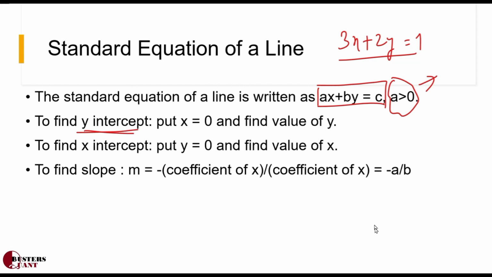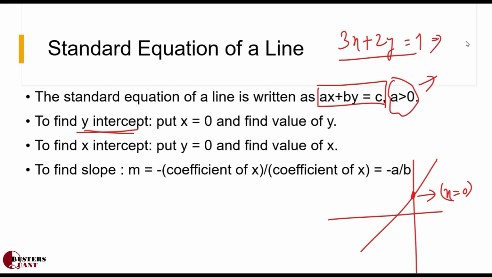Because what do you mean by y-intercept? Y-intercept means the point where the line intersects the y-axis. So at this point, x is equal to 0, right? So to calculate the y-intercept, just put x equal to 0. So y equal to 1 by 2. 1 by 2 is the y-intercept for this line.